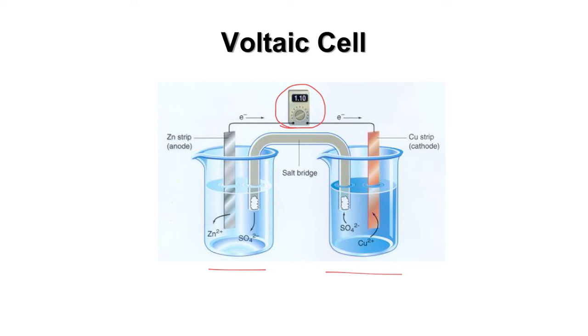The voltmeter would measure the voltage that is produced by the reaction. So we would actually set something up that would look very similar to that and measure the amount of voltage that was being produced. We're obviously not going to be doing that this year, but we will talk about all of the parts of this diagram and talk about how we would set this up in lab.